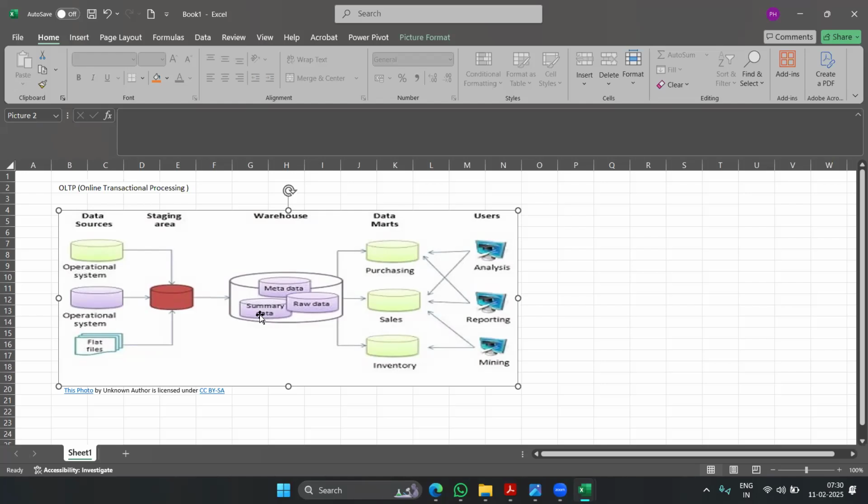Suppose there is a particular value that you need to refer to frequently, what do we do? We just calculate it and keep it in one place, correct? Same thing with respect to summarized data. Similarly, today another 50 records are added. So this evening, the 50 records are copied and put into the raw data, right? So this warehouse acts like a place where we can store the raw data, the summarized data, and also metadata.